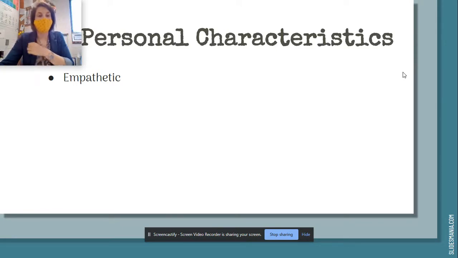Okay. So the first one, empathetic. Empathy is something that as a healthcare worker, you have to have. Empathy is the ability to understand and share the feelings of others. So you have the ability to understand how somebody else feels. This is different from sympathy.